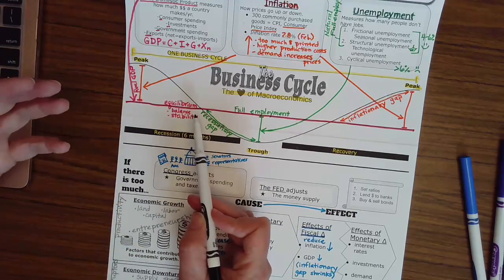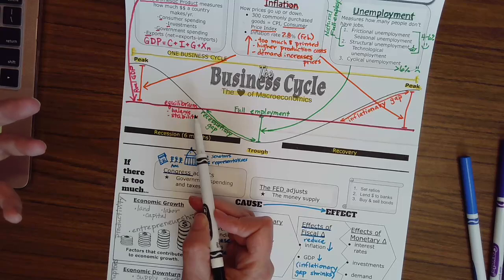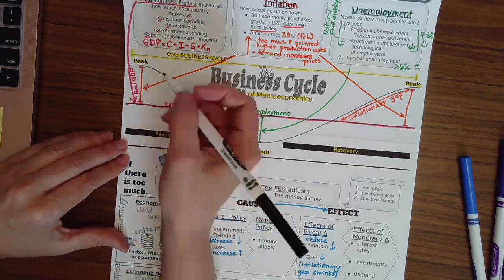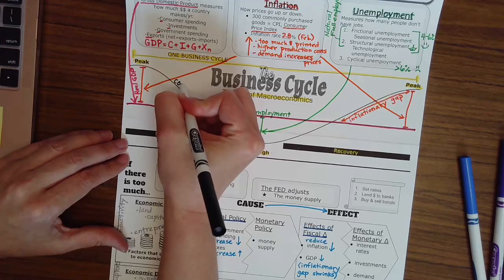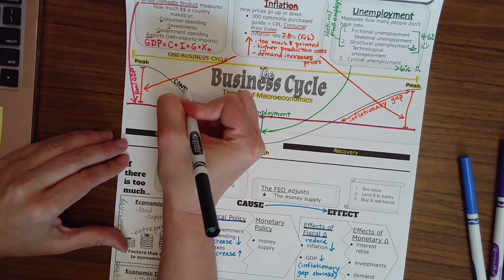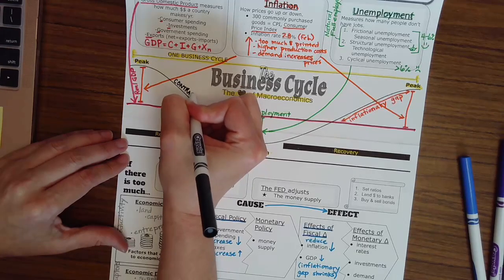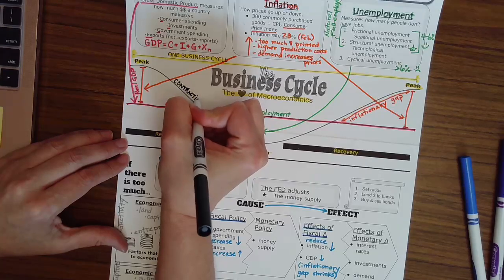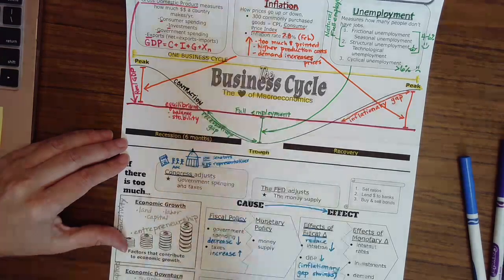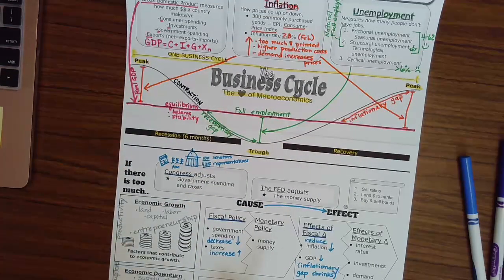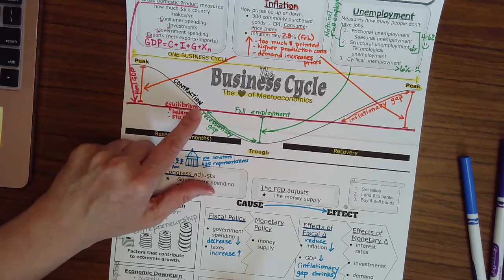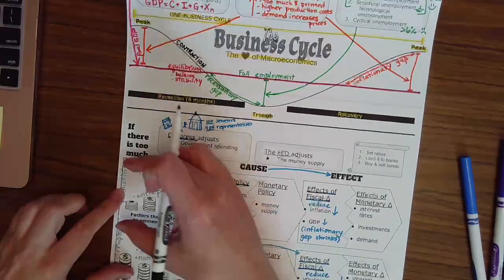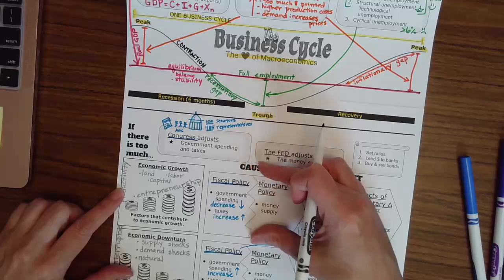There's a word we use for that, and we talked about it as one of the phases of the business cycle. I'm going to write it here. Please write it in black with me. Contraction. So these are the things that we're doing that are going to contract. This is the contraction because we do want to get back to our equilibrium here. So those are the pieces that are happening when there's too much economic growth.